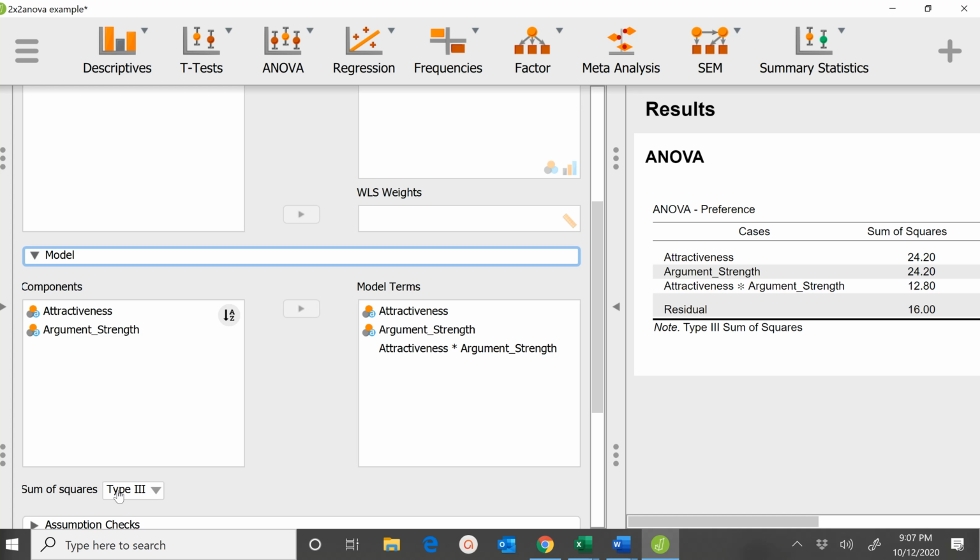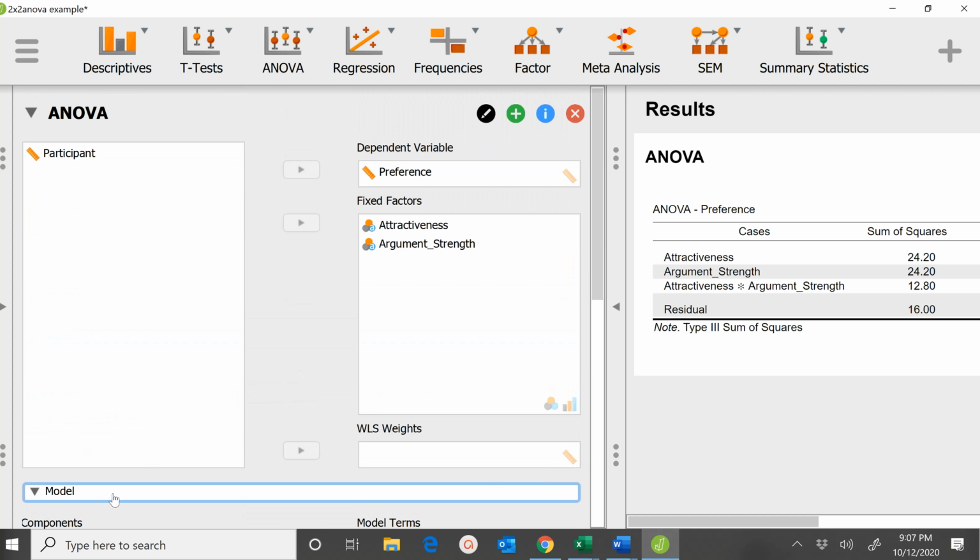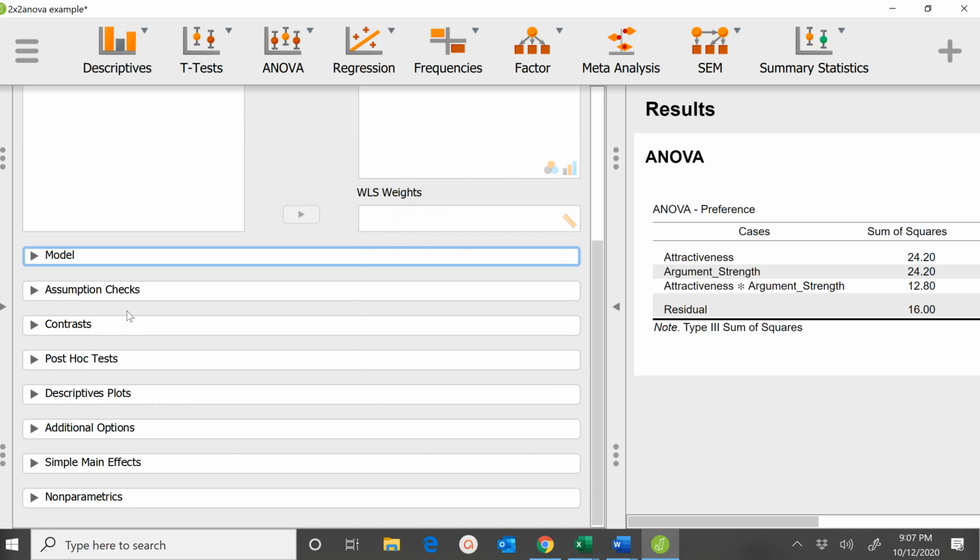We'll leave the type sum of squares as 3, which is usually the default in most programs. It assesses each main effect and interaction sequentially, meaning after the effects of the other effects are taken into account. So we'll leave that alone unless we have a really good reason to change it.